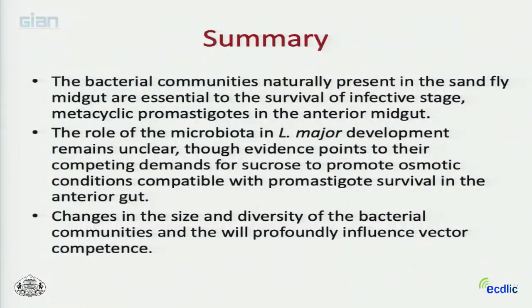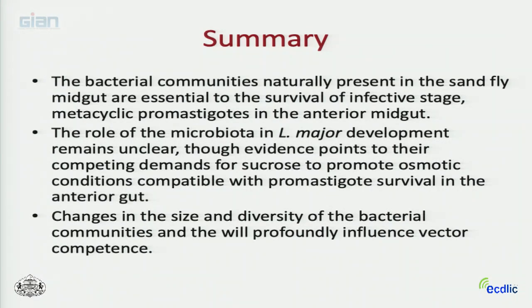Just to summarize, the bacterial communities naturally present in the fly midgut are essential to the survival of infected stage metacyclic promastigotes in the anterior gut. The role of the microbiota in L. major development remains unclear, though evidence points to their competing demands for sucrose to promote osmotic conditions compatible with promastigote survival.